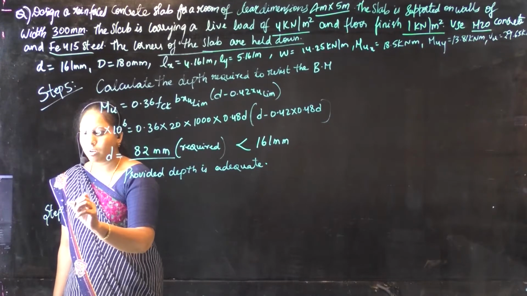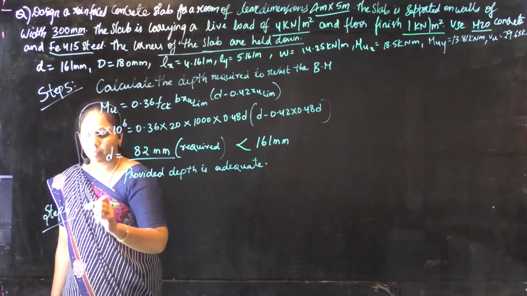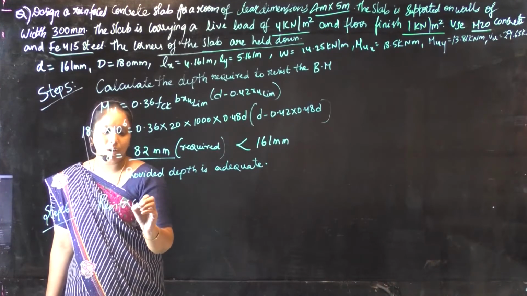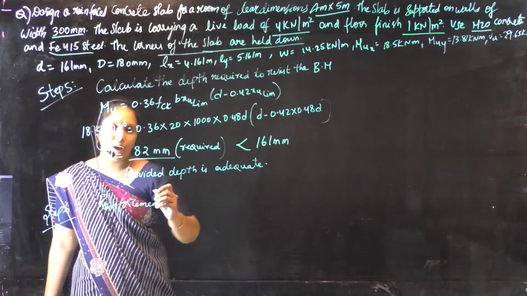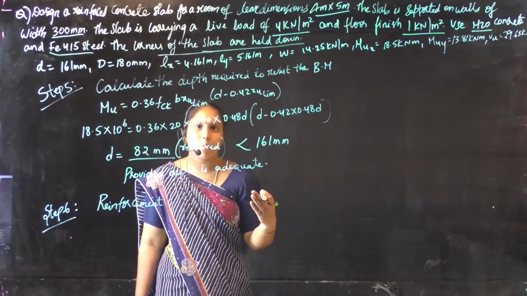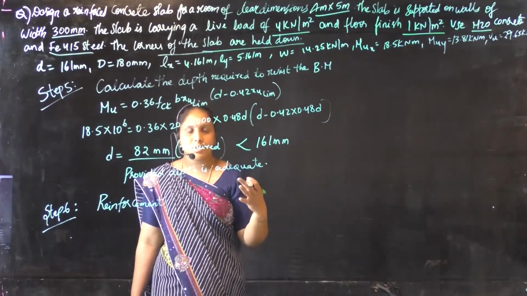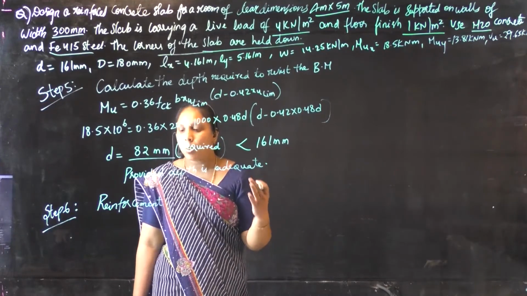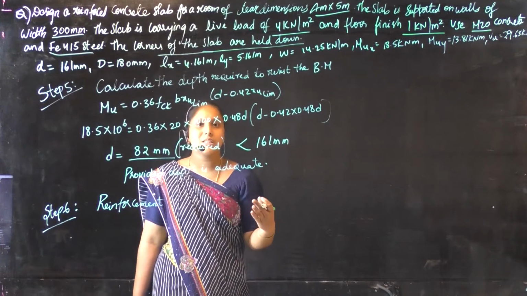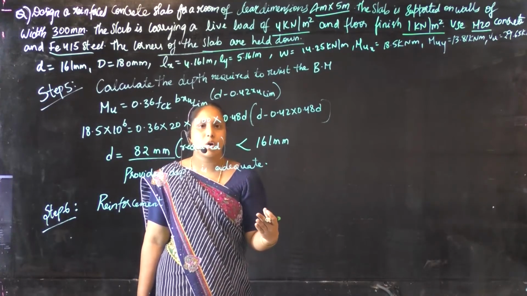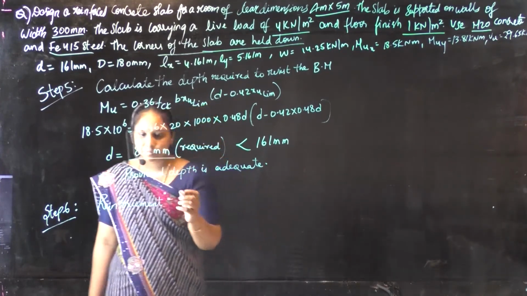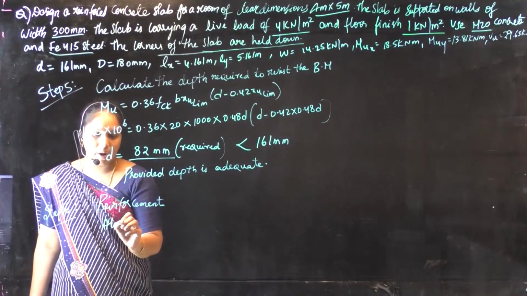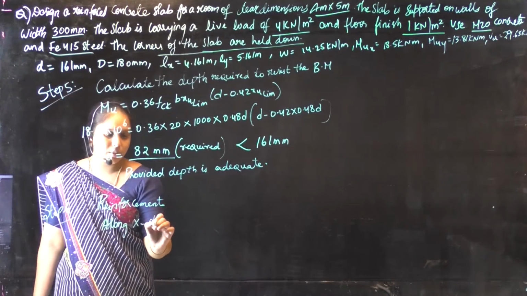So now, in the next step what we have to do? We have to calculate the steel reinforcement to be provided. So we have to calculate the reinforcement to be provided along the x direction, as well as the reinforcement to be provided along the y direction. So first let us calculate the reinforcement to be provided along the x direction.